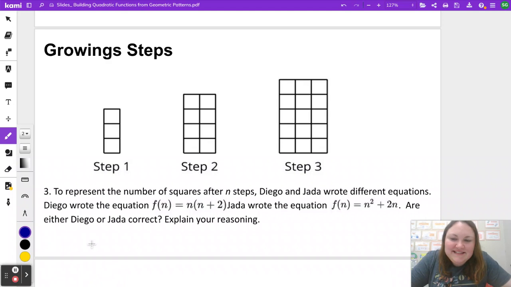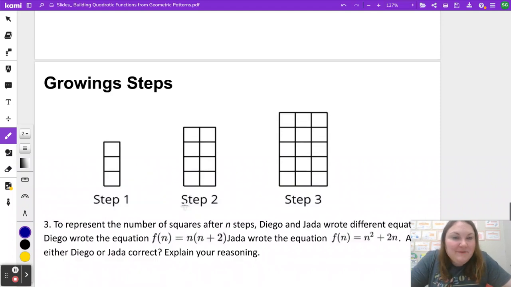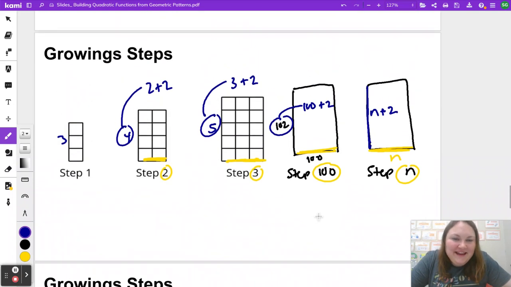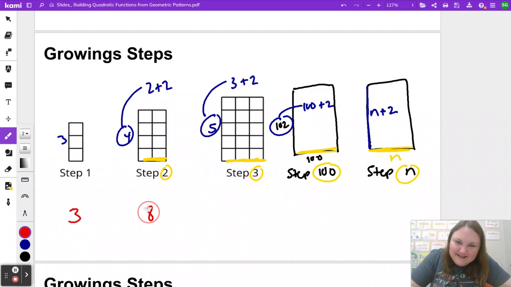To help us decide first if Diego's right, I want to come back up here and think about how we were calculating how many total squares were in each of these. Earlier, we had said step 1 had 3, step 2 had 8, step 3 had 15. If I asked you how many total squares were in step 100, how would you do that?